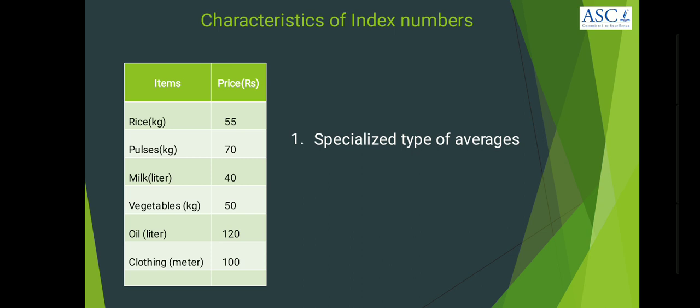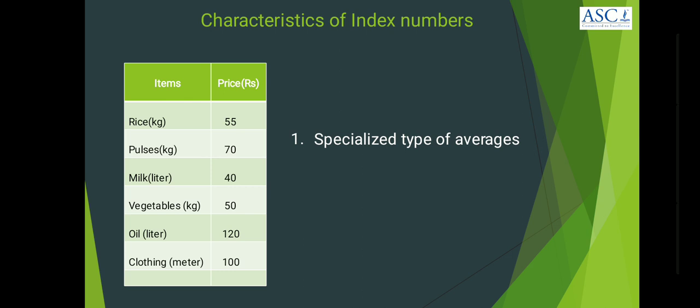The first characteristic is index numbers are specialized type of averages. We know that index numbers are averages and they tell us the average change in the level of a phenomenon. Now, the question is why they are called specialized averages. For further discussion, let us consider the data given here.